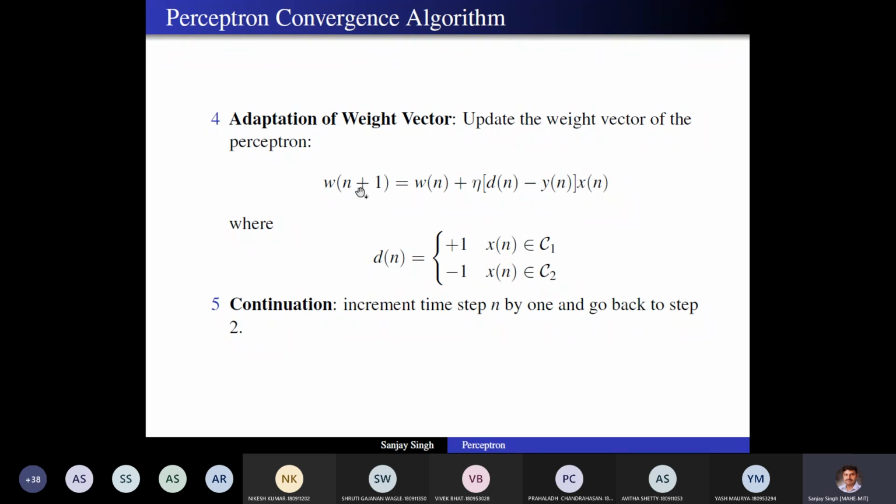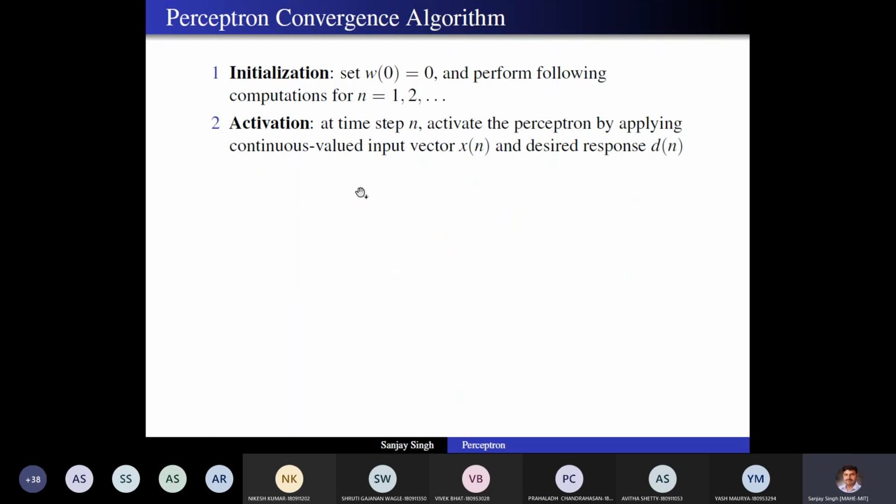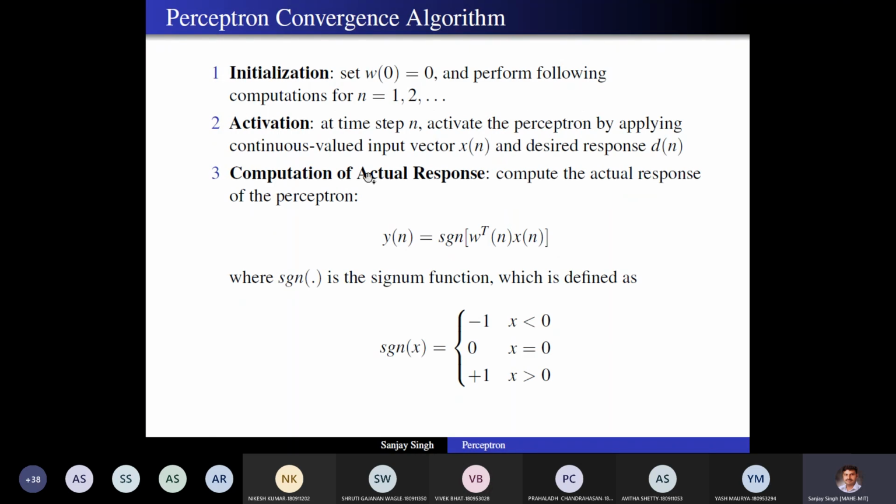Once the synaptic weight is updated, we go back to step 2 and find the activation function again. Now it will be w(n+1), x(n+1), signum function, y(n). This process keeps iterating till you exhaust your training data.